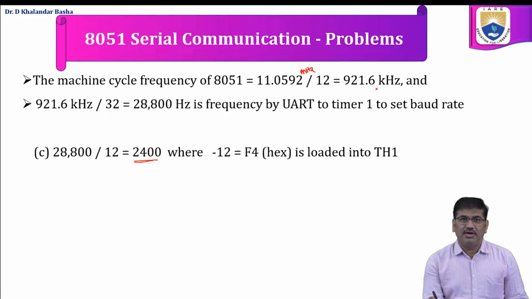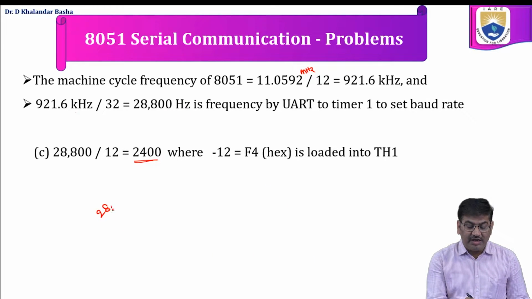From this machine cycle frequency, we find the frequency of the UART of the 8051 microcontroller by dividing 921.6 kilohertz by 32, which will give us 28,800 hertz.